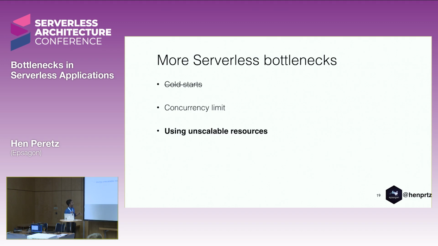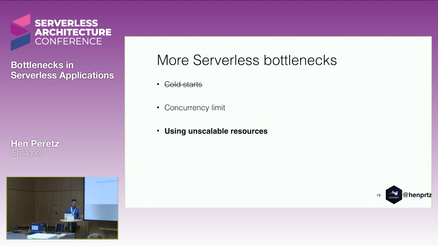A little bit more about serverless bottlenecks. We have a concurrency limit in Lambda that can cause them. Each Lambda can be invoked up to, I think, 1,000 concurrency. If you reach that threshold, you're also going to get bottlenecks for every service that communicates with Lambda. Basically, any unscalable resource is eventually going to be a bottleneck.